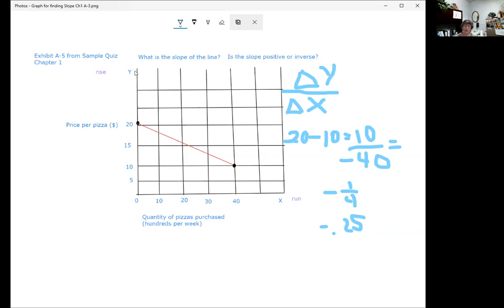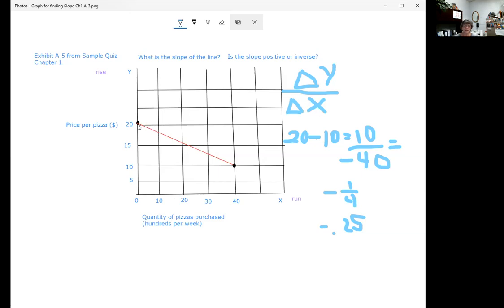Y is always the vertical axis, and that's called the rise. X is always the horizontal axis, and that's called the run. So what we're looking for is the change in y over the change in x. This is a little delta sign, a little triangle, for change in y, and change in x.